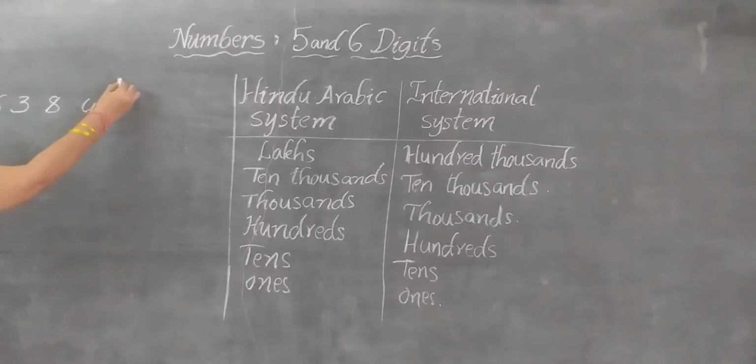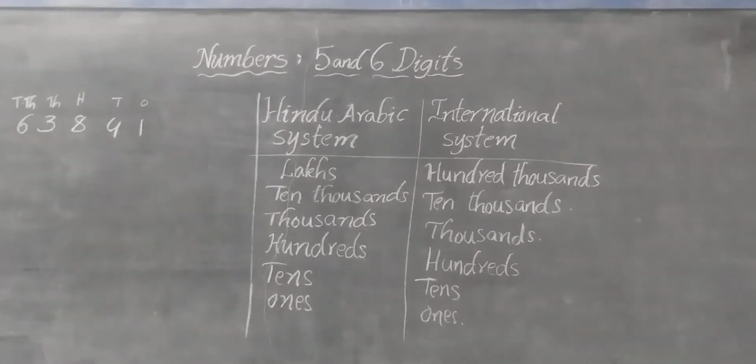Places. Ones place, tens place, hundreds place, thousands place, 10,000s place. This is the 5-digit number.